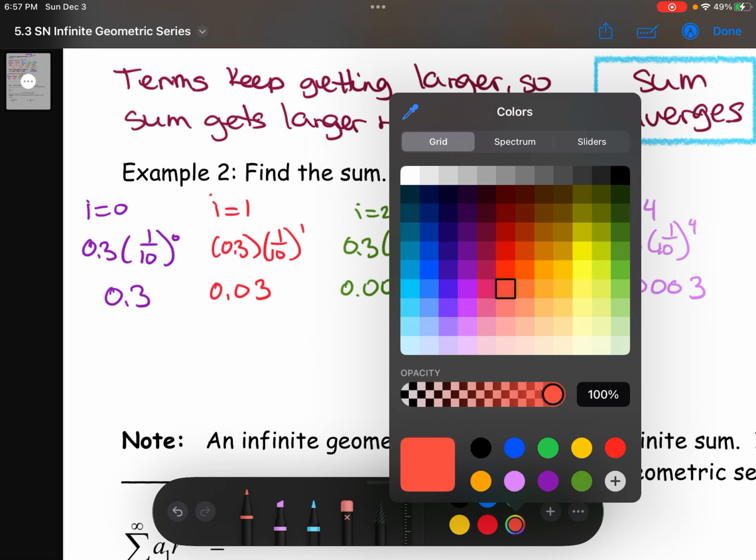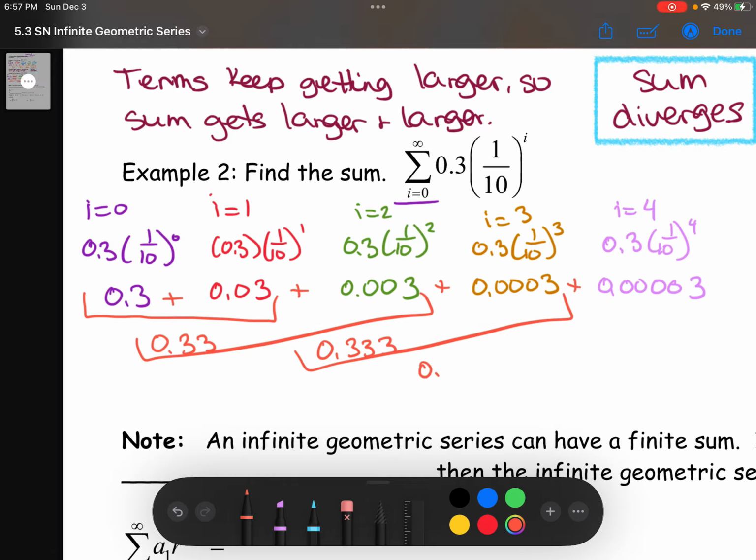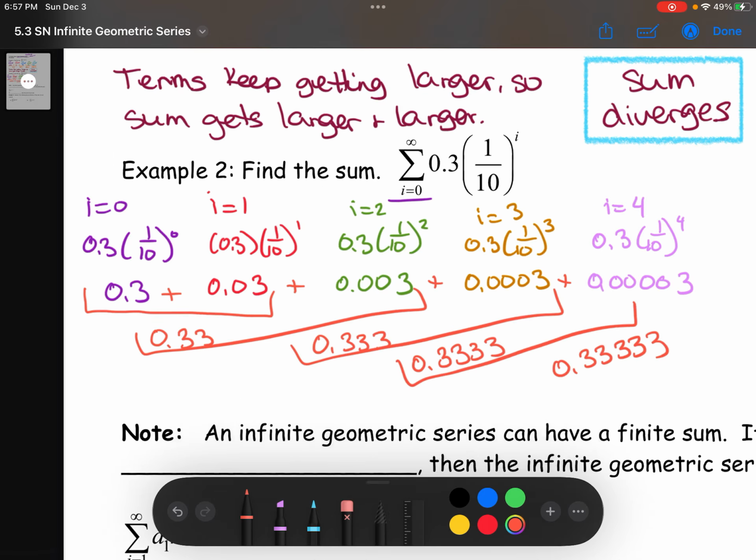And again, that summation notation means we need to add these together. Add these first two terms, we get 0.33. Add the next one, 0.333. Add the next one, 0.3333. Add the next one, 0.33333. And we can see a pattern here.